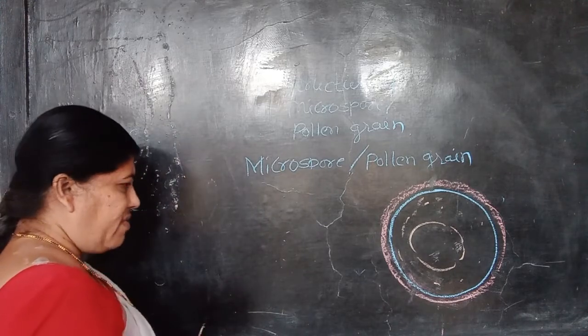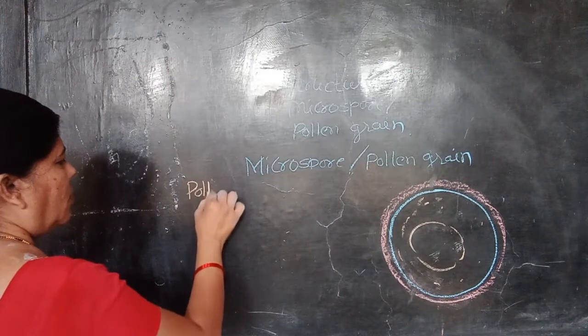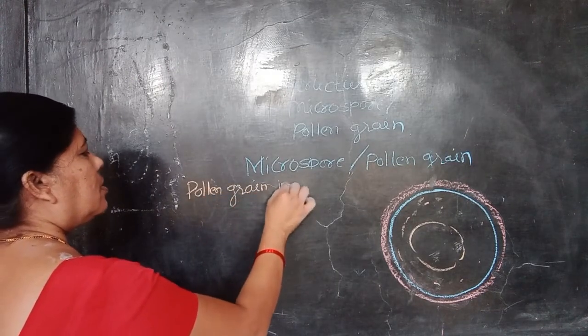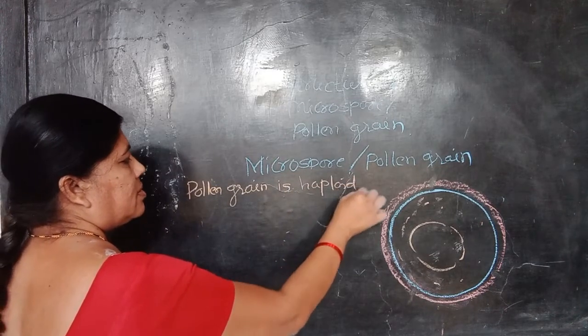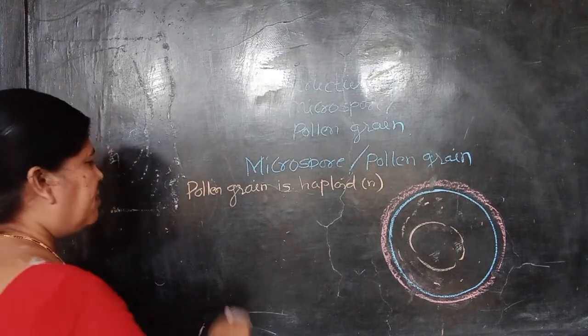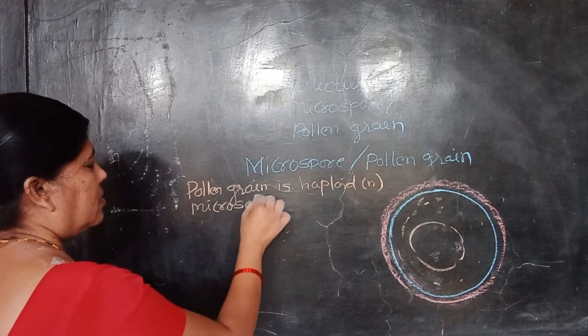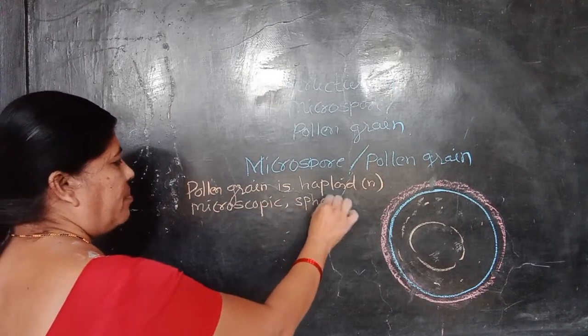So this is a very simple diagram of pollen grain, and we will discuss points one by one. Pollen grain or microspore is haploid. Haploid means having a single set of chromosomes. It is haploid, microscopic, and spherical in shape.